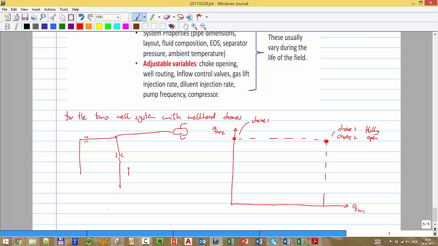Choke 1 completely closed and choke 2 completely open, right? I won't be producing anything from 1, but I will produce fully from 2, and I can do the same here. Okay, here will be choke 1 completely open and choke 2 completely closed, right?